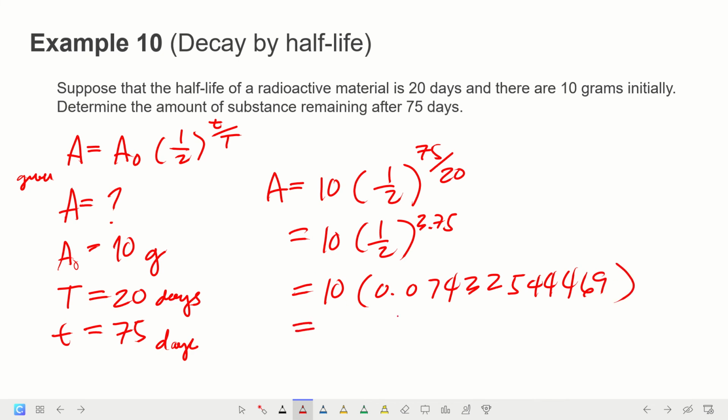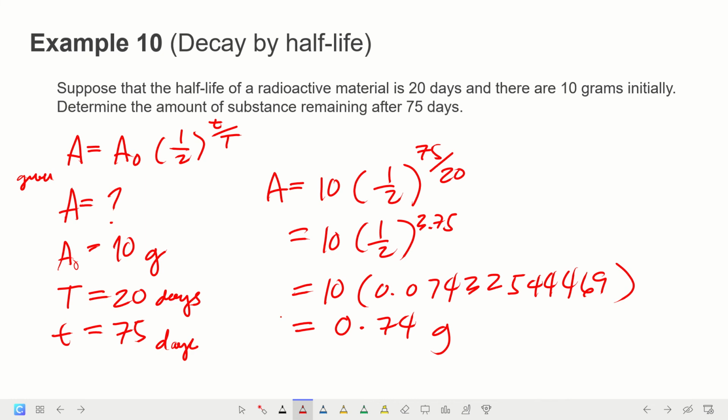I-round off na lang natin siya into 0.74 grams. So, 0.07432544469 times 10 is equal to 0.74 grams.